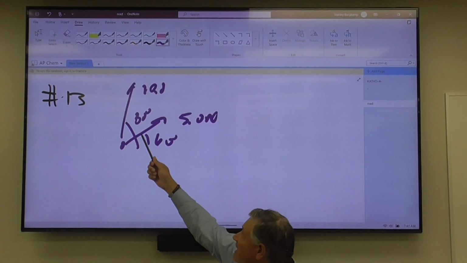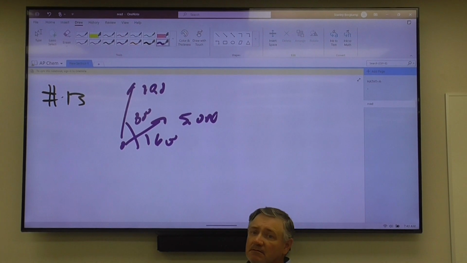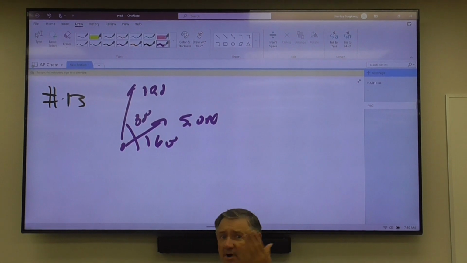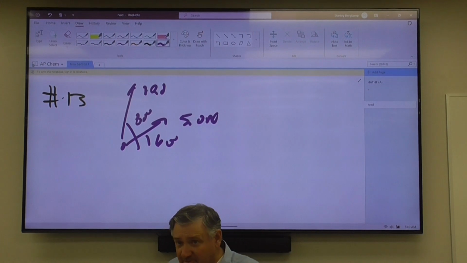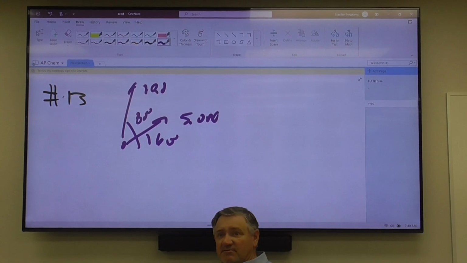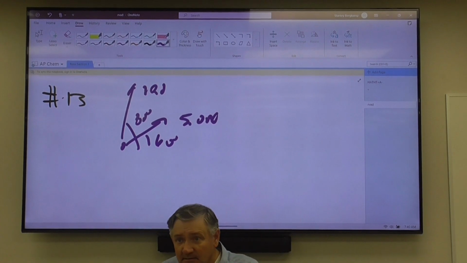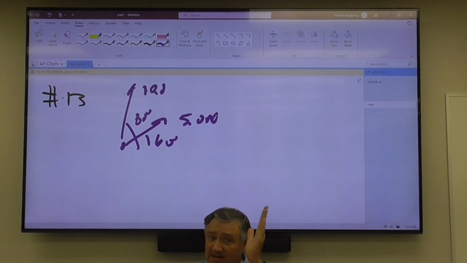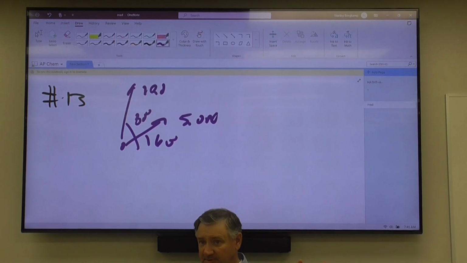Is it going to be closer to 80 or closer to 60? Probably closer to 80, because there's more force in that direction. So right away I know my angle is probably going to be closer to 80 degrees. If my angle doesn't fall within those two parameters, 60 to 80 and closer to 80, I've done something wrong.